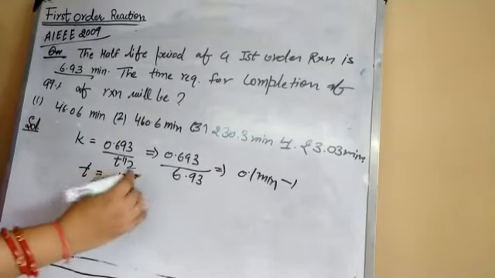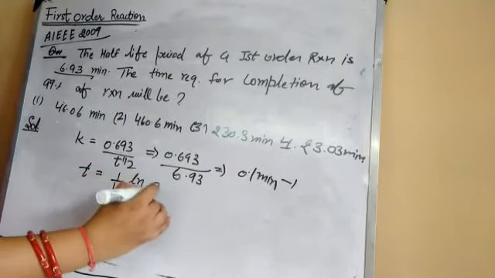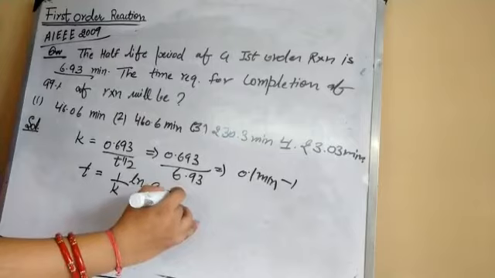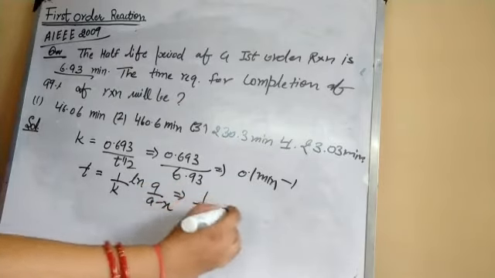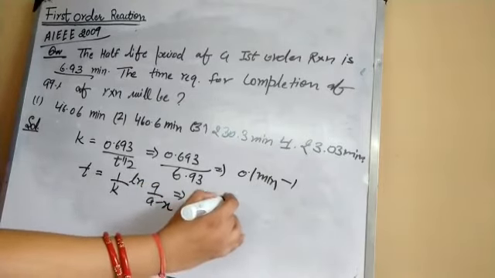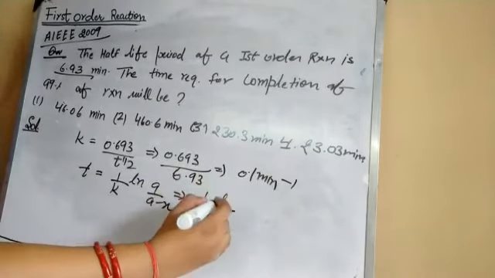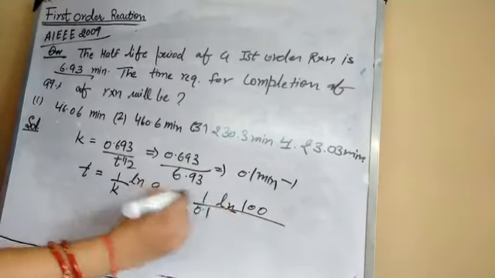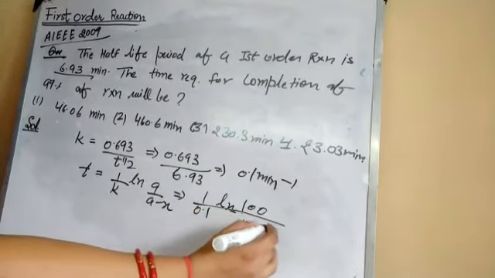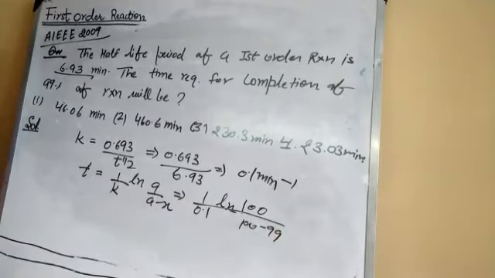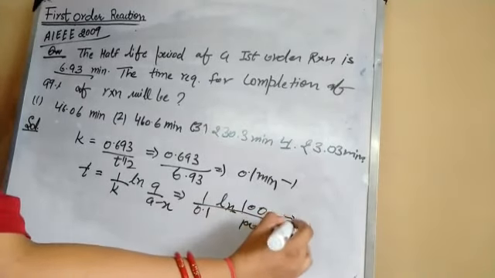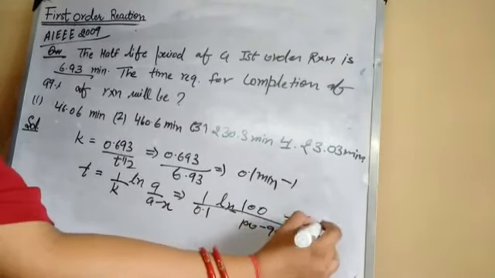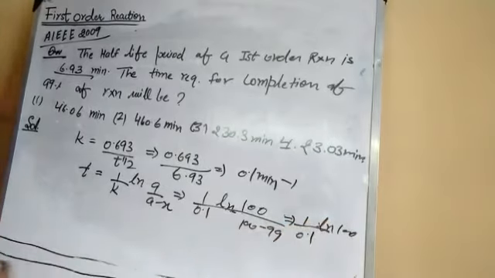I will use this expression, t equals 1 by k ln A by A minus x. The k value we have already calculated. So ln of the initial concentration, suppose this is 100, and 100 minus 99. Then you can use this trick and you get ln 100, right?